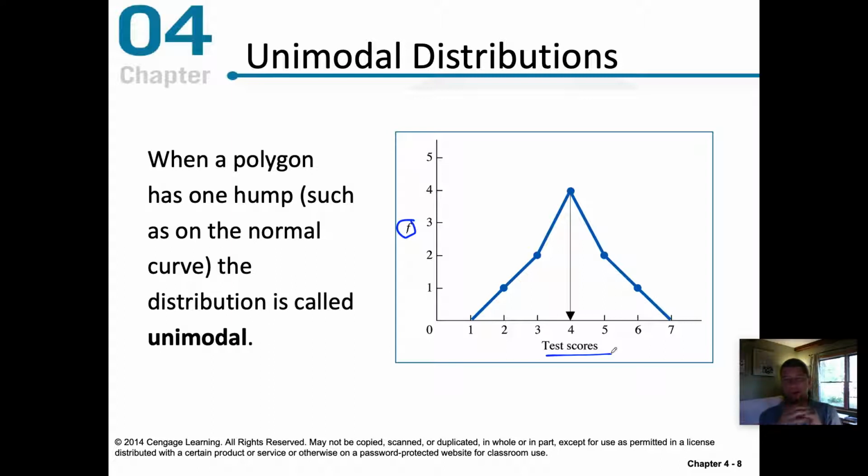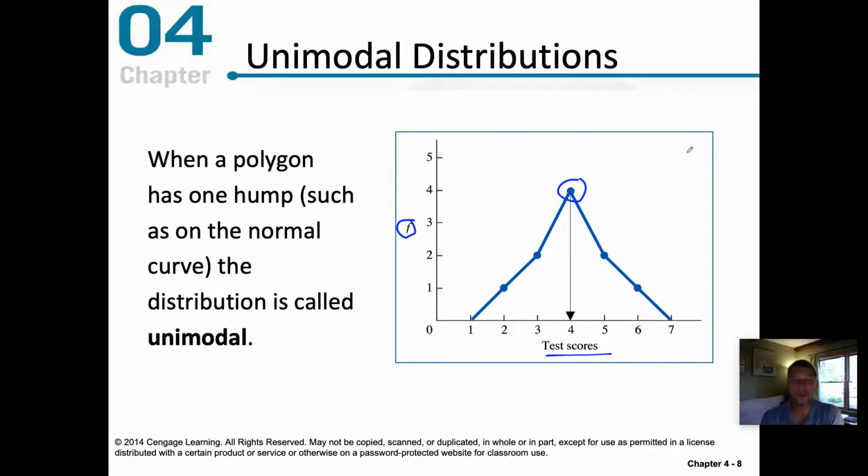God only knows what the maximum score on this test could have been, but it's very obvious that in this particular case, nobody scored a 1, one person scored a 2, two people scored a 3, four people scored 4, two people scored 5, one person scored 6, and nobody scored 7. So which score appears most frequently? Well, that's the one here at the very top of this graph, the maximum point on the graph.